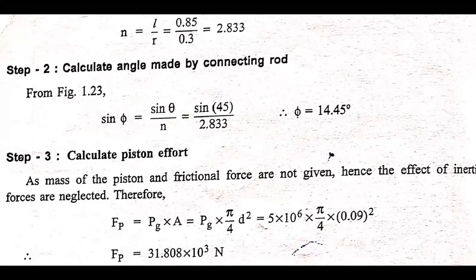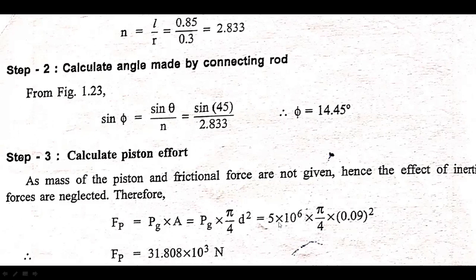Then the angle made by the connecting rod: sine phi is equal to sine theta by n, and the angle is 45 degrees, so sine 45 divided by 2.833, we get phi equal to 14.45 degrees.